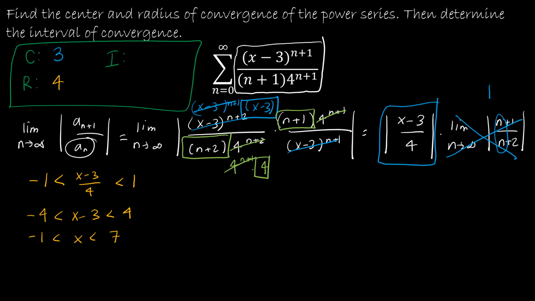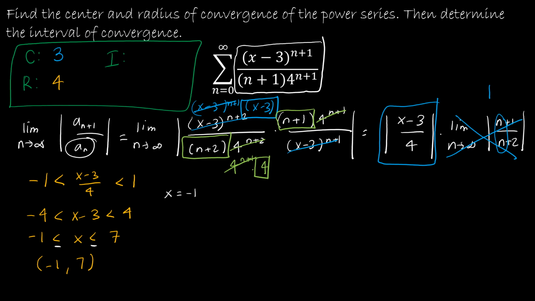And I almost have my interval because my interval is -1 to 7, but the big question mark is, should there be an or equal to here or not? Or should there be a bracket as opposed to an open interval, which is really the exact same question. So that's what I have to do now. I need to plug in x equals -1 and determine what happens when I plug that in.